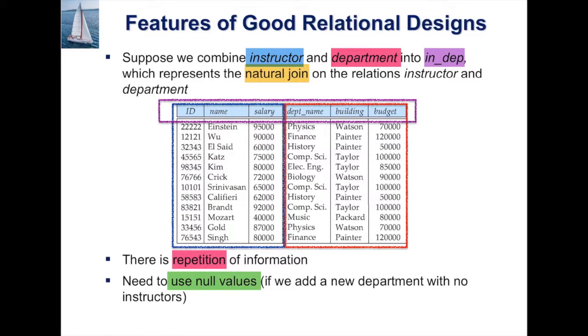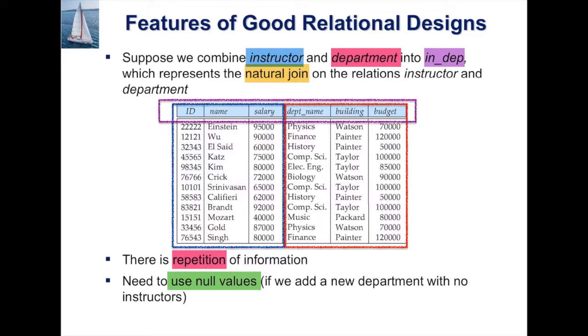Bakit kaya yung ginagawa? Probably dahil most of the time, we would like to get the department of the instructor, and we wanted to minimize the calls for the natural join. So, ang gagawin natin, suppose, ay we remove the instructor, we remove the department, and we just keep the instructor department, just so we can have a list of all of the instructors with their corresponding department details.